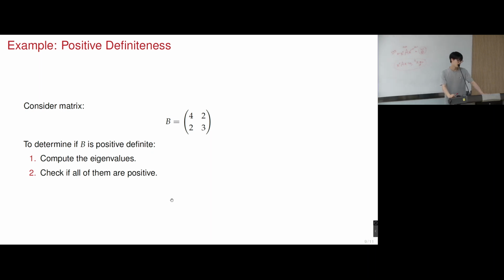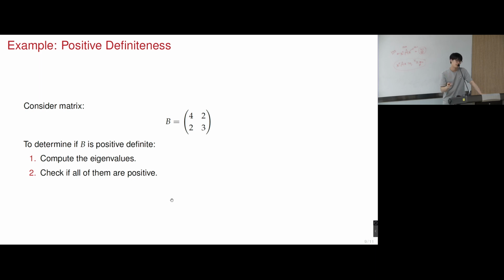Okay, nice property. And the reason is related to eigenvalues: we can say that a matrix is positive definite if all of its eigenvalues are positive. So interestingly, if all the eigenvalues are positive, that matrix is positive definite.